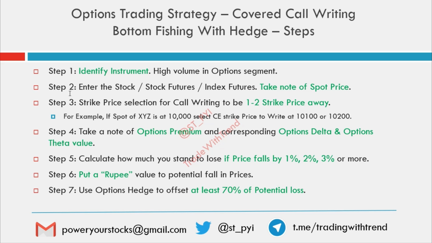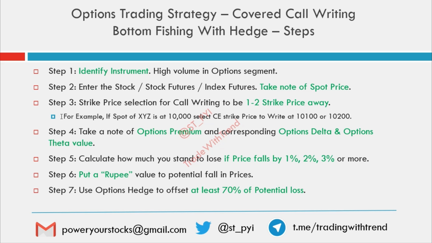The second step is to open up your covered call writing position. That is, you need to enter the stock or stock futures or index futures, depending on what you are trading. Take note of the spot price. Third step is strike price selection. When it comes to call writing, this should be 1 to 2 strike prices away.